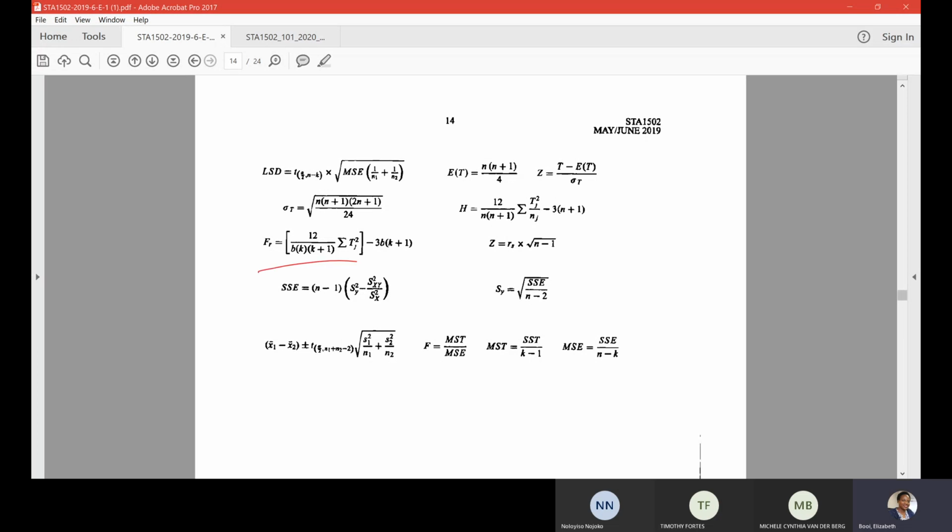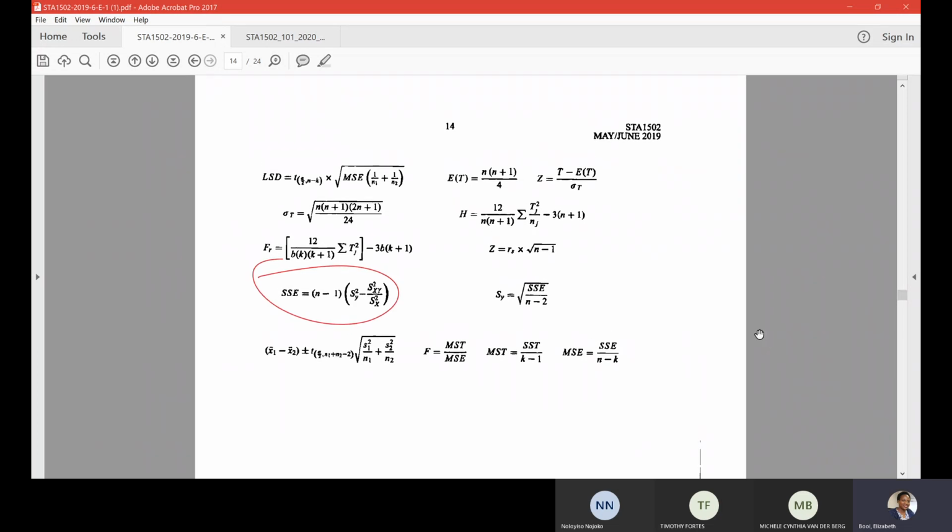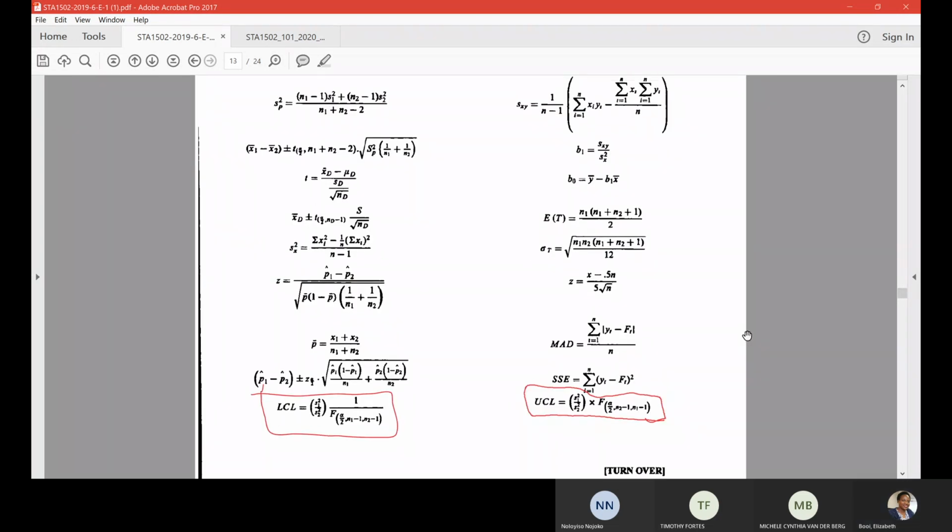We can use this as a standard error formula, or this is the other formula you can use for the standard error for the Y estimate.